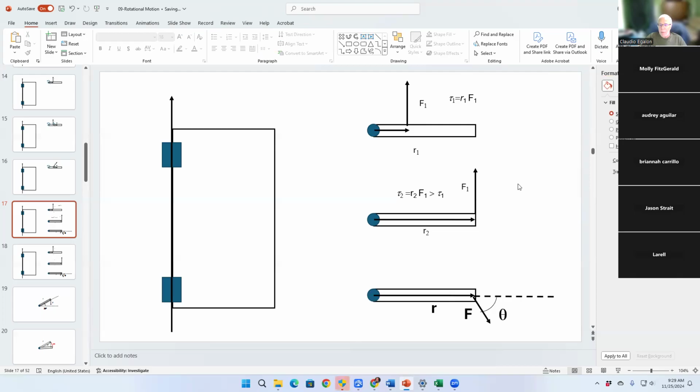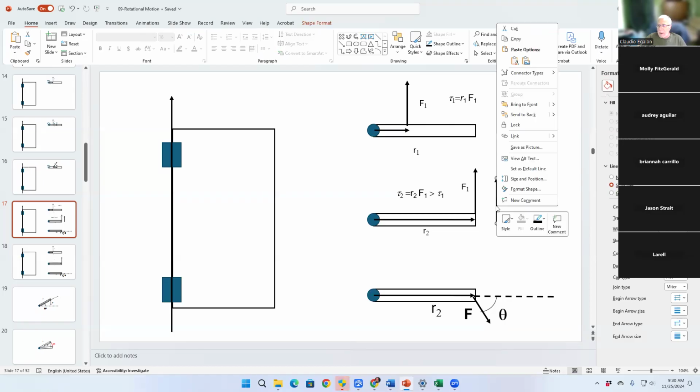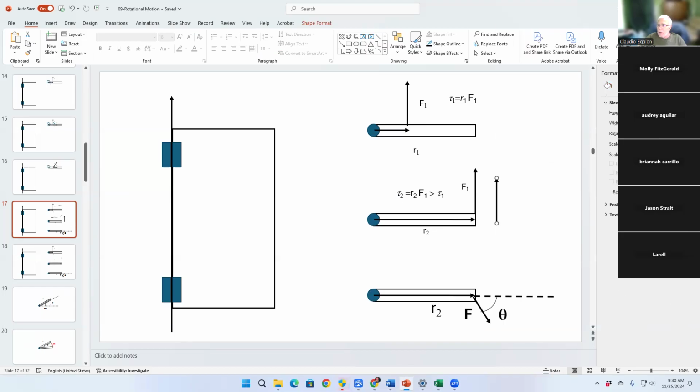Now, suppose that we have the same magnitude, but now a different angle for the force. R2 is here. The magnitude is the same, but the angle that the force makes is different. I will duplicate this vector so I can get exactly the same length, and rotate it. Format shape, position, rotation.